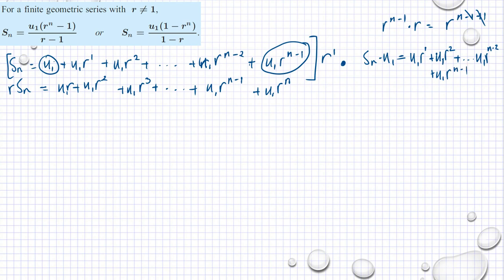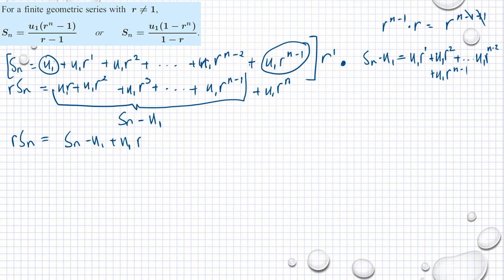That is what I have. Then I know that this one is s sub n minus u sub 1. So I have r times s sub n is equal to s sub n minus u sub 1 plus u sub 1 r raised to n.